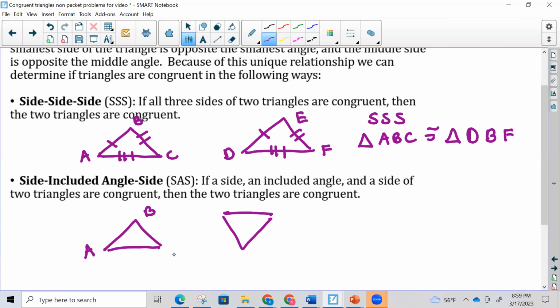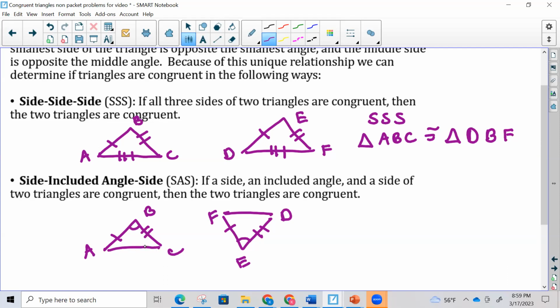If I have 2 triangles, and I have a side that's congruent, an included angle, and I'll explain what that means in a minute, and another side that's congruent, this is enough information to state that these 2 triangles are congruent. I wouldn't have to know the third side and the other 2 angles.